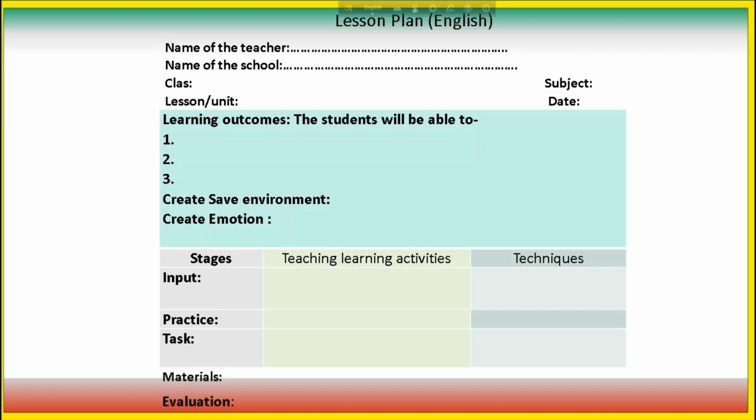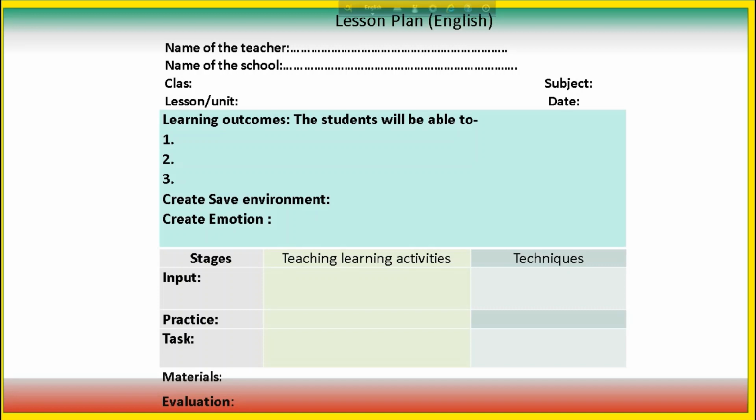Creative safe environment. We need to create a safe environment to make the class enjoyable and interactive. Then the stages: input, practice, tasks, and what activities we should have in the input stage, practice stage and task stage, and what techniques we need to apply.